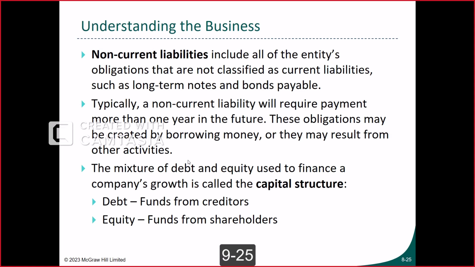So if those are long term, more than 1 year, we qualify these as non-current liability, and they have to show up on the balance sheet in the non-current liability portion of the statement of financial position. It will require payment for more than 1 year in the future. And again, if you have, let's say, a 10-year loan, that is a long-term loan.